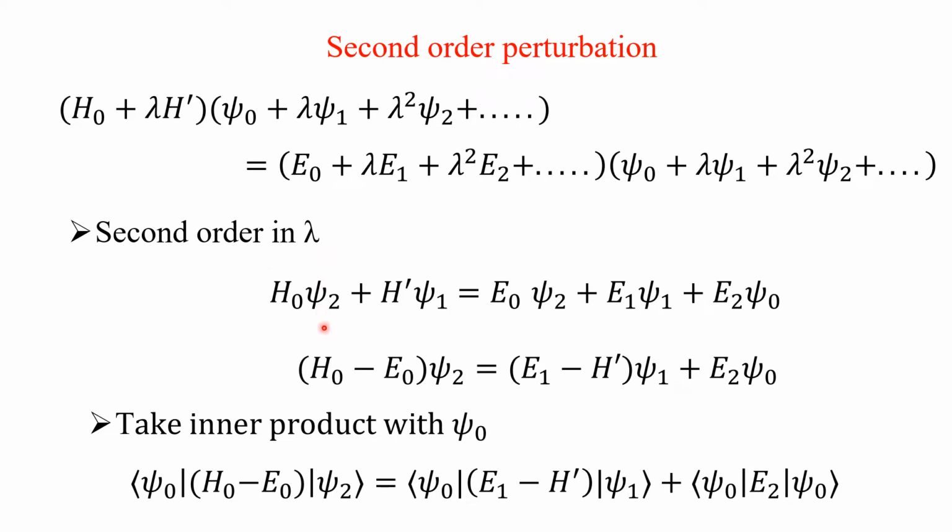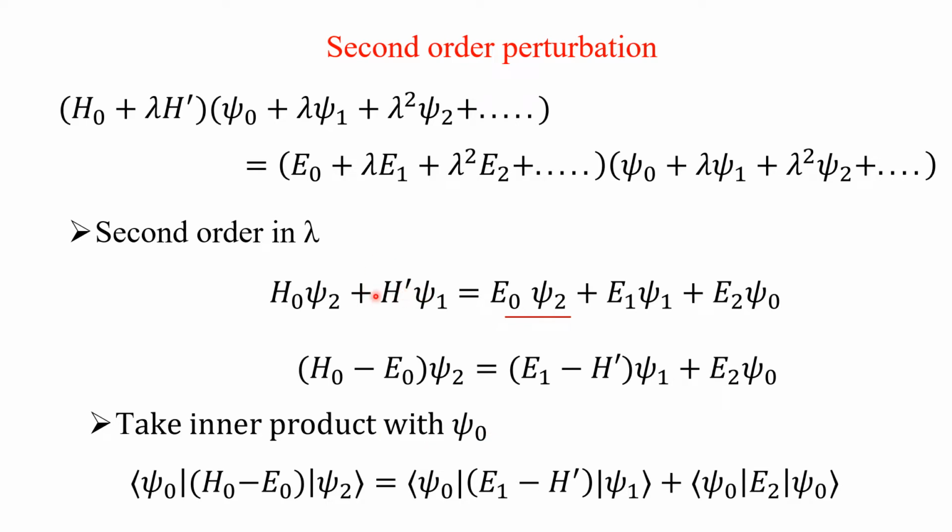You are equating the left hand side as well as the right hand side, the second order in lambda. Here you have H naught psi 2 on the left, and E naught psi 2 on the right. So you bring E naught psi 2 to the left hand side, and it becomes minus E naught psi 2. That's what I have written here.